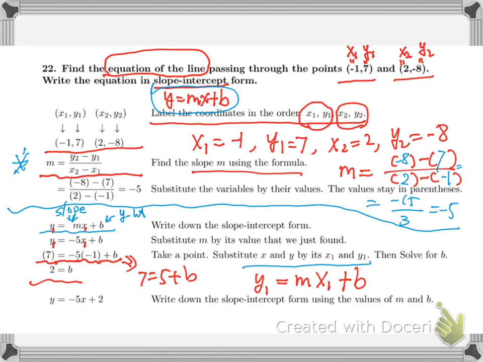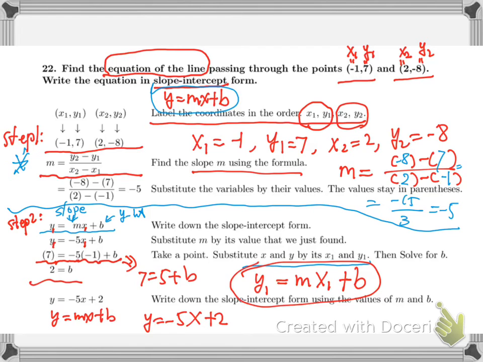Now we look at the slope-intercept form. We got y = mx + b, so y = -5x + 2. So step 1, we find the slope by using the slope formula. Step 2 is a modified formula, y1 = mx1 + b.